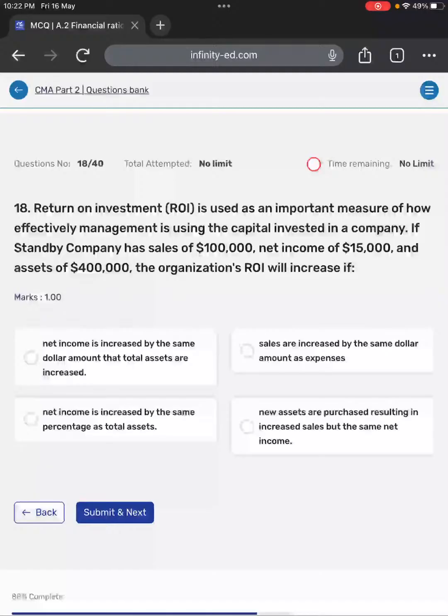Option B, what is it? Sales are increased by the same dollar amount as expense. This has no impact on net income.